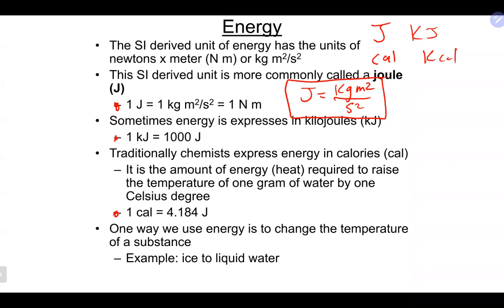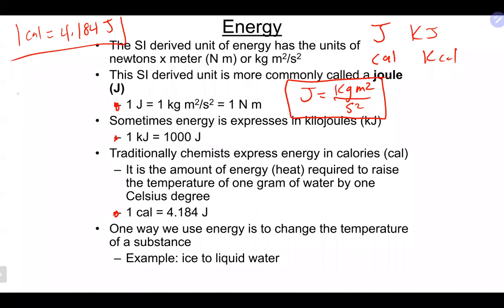This is a really good conversion as well: 1 calorie is 4.184 joules. You should know that. That is something that does pop up a lot. Now, when I talk about calories, although we don't use it too much in this class, it does come up a lot in some other classes.